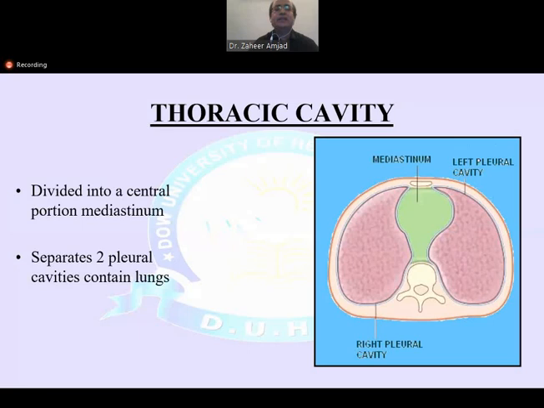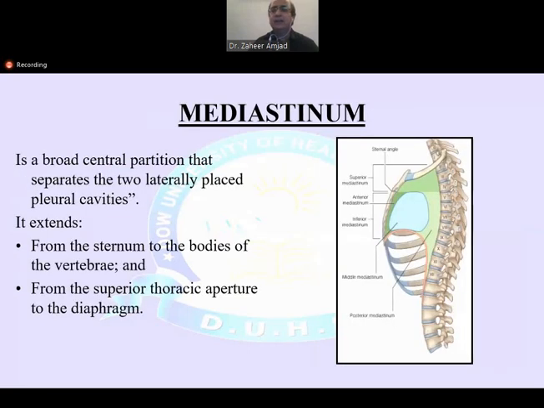So mediastinum is the cavity within the thorax, excluding the cavity which contains the lungs. You can see that this is the cavity which is present between the medial aspects of the two lungs. That is called the mediastinum.